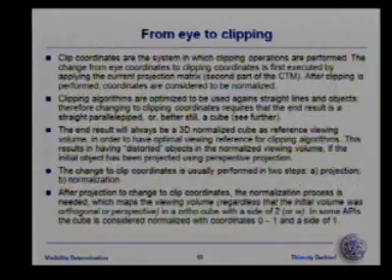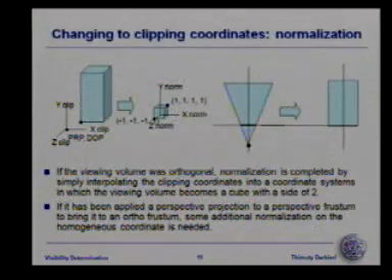I think I have a picture here. Yes, you see? This is what projection does to the viewing volume. It goes from perspective to ortho. And that is what normalization does. If your ortho volume is like this, normalization centers and normalizes it.